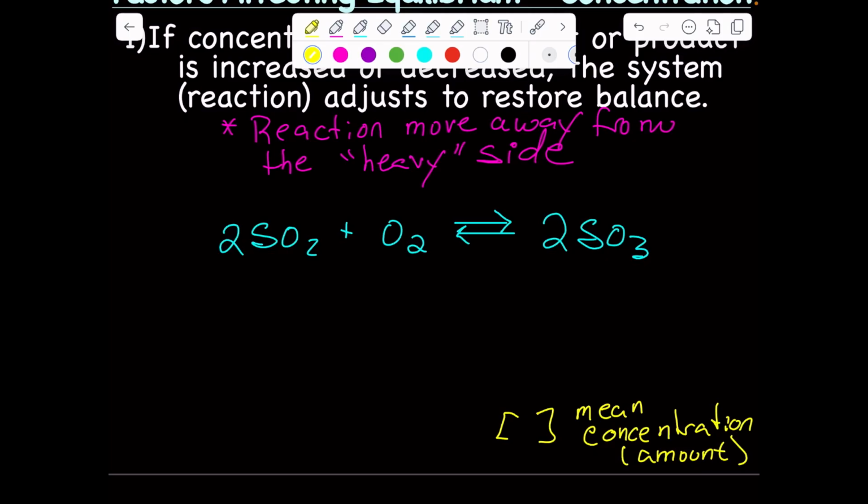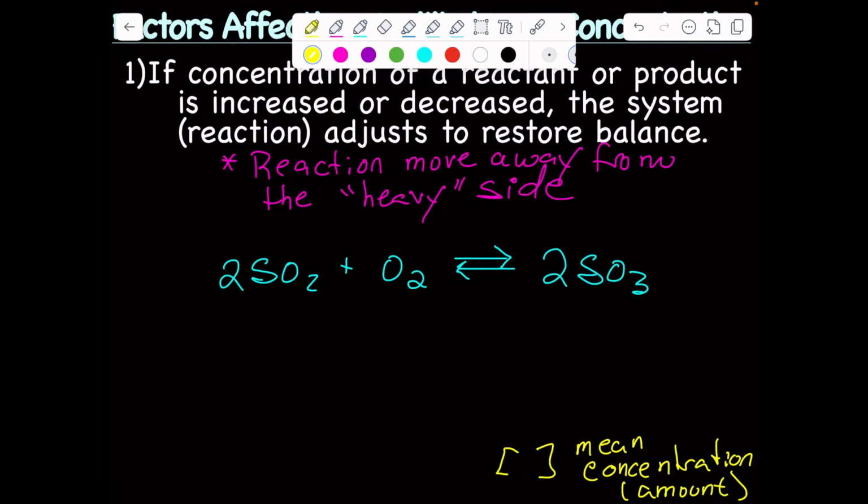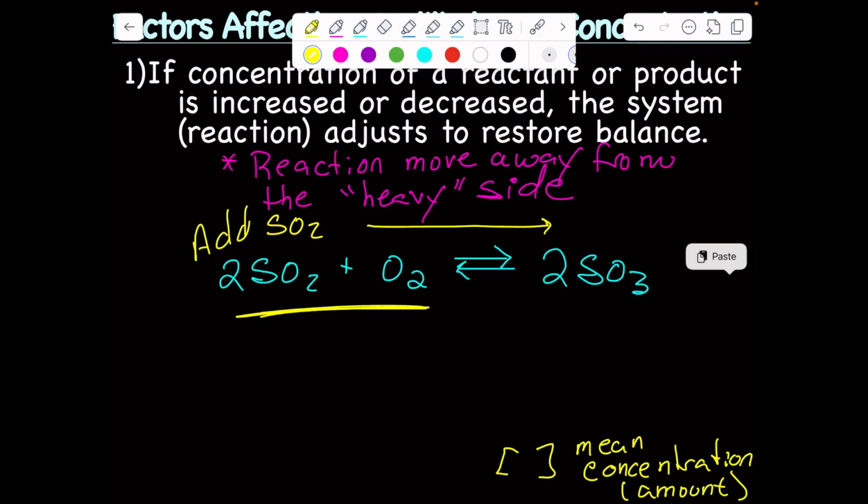All right. So now, if we were to add some of this SO2, this used to be in perfect balance, but as soon as I add more SO2, this side, the reactant side, is heavier. So the reaction wants to move away from the heavy side towards the lighter side. So the reaction is going to start going forward. If it's going forward, it's going to be using the reactants to make the products.